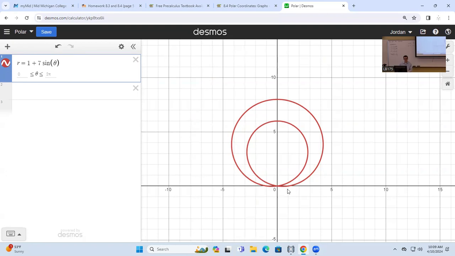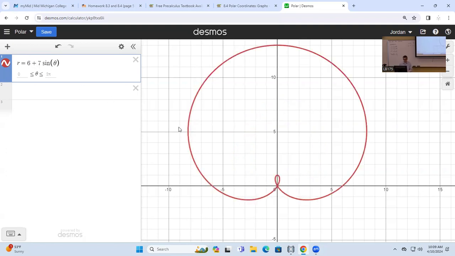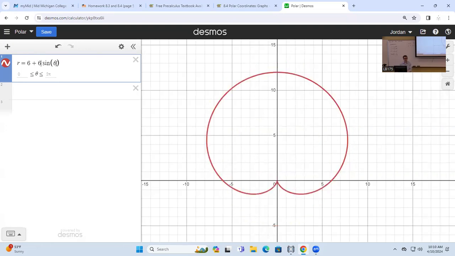Does that make sense? So the coefficients here are telling you about the loops. Now, here we did 6 plus 7 sine theta. What if I start changing that 7 to a smaller number? What if I do 6 plus 6 sine theta?